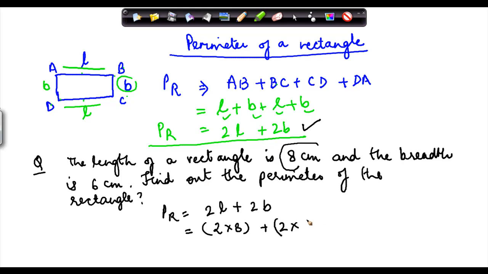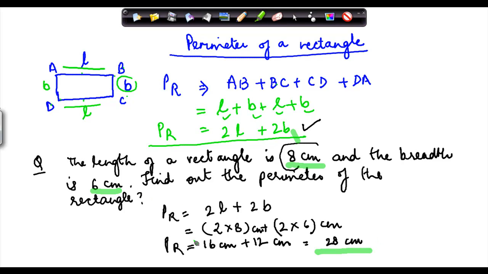The breadth is 6 centimeters. So it comes to 16 centimeter plus 12 centimeter is equal to 28 centimeter. So the perimeter of a rectangle whose length is 8 centimeter and the breadth is 6 centimeter is 28 centimeter.